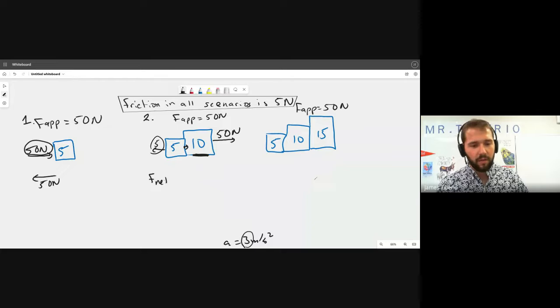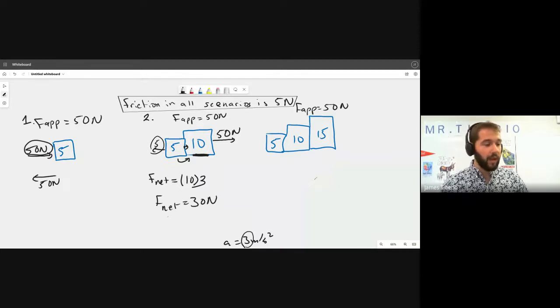So what net force on this 10 kilogram box is required in order to accelerate it at 3 meters per second squared? And it turns out the force that the 5 kilogram box must apply on the 10 kilogram box equals 30 newtons. If it applied less than 30 newtons on the 10 kilogram box, its acceleration would be less than 3, but we know from our previous calculation the acceleration has to be 3.